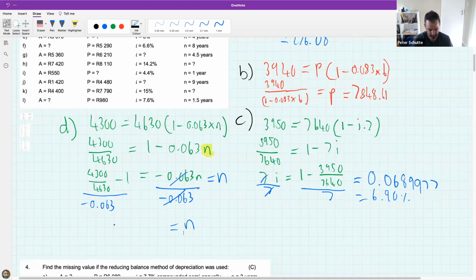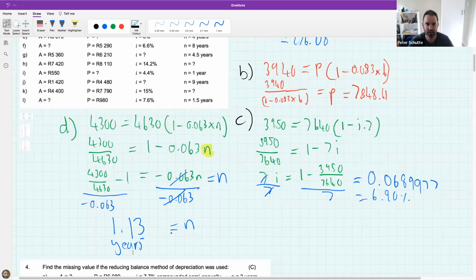I need my calculator for that. Okay, so I get 1.13, and so that's going to be 1.13 years.